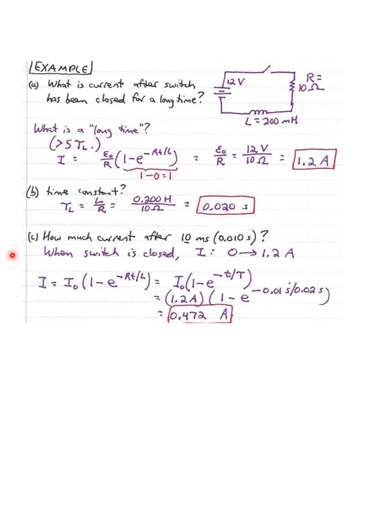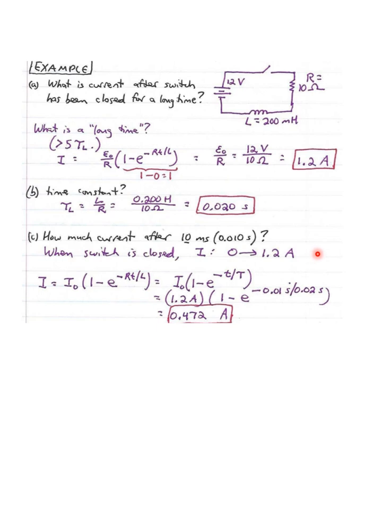And the third question, how much current is there after 10 milliseconds, which is 0.010 seconds. So you compare that with the time constant, and we see it's half of the time constant. When the switch is closed, the current starts at 0, and it's going to eventually make its way up to 1.2 amperes.